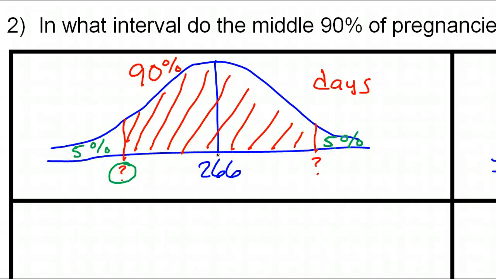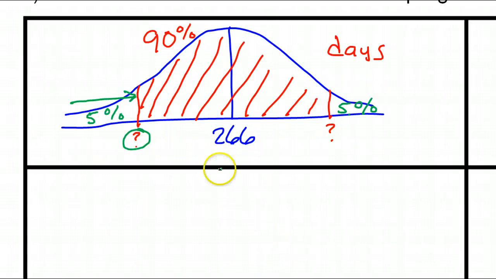Okay, that's good to know. So this 5%, you know, that is a value that's to the left of this number. So I can use this 5% to find my z-score and find this value. So let's go ahead and do that.